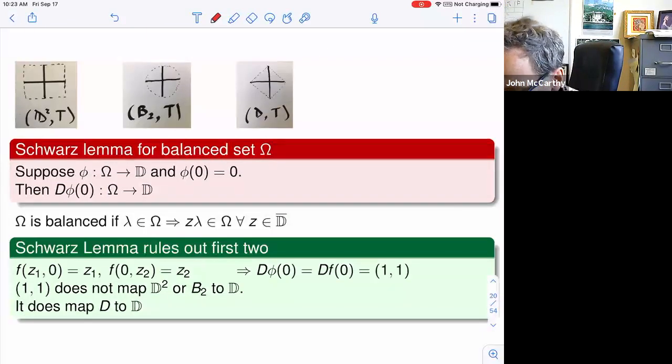So with Schwarz's lemma, you can rule out the first 2. We already talked about this for the bidisk, but we take the same function, f of z1, 0 is z1, and f of 0, z2 is z2.